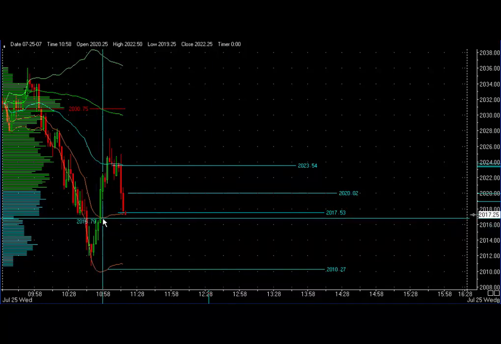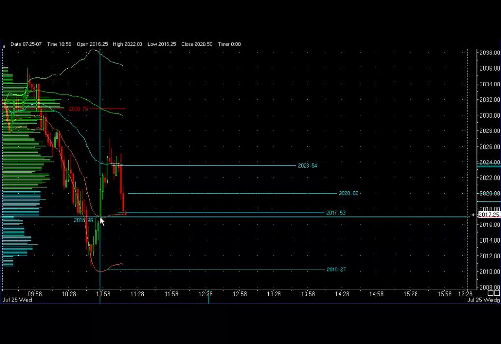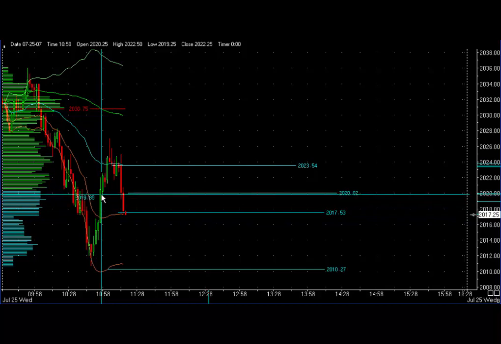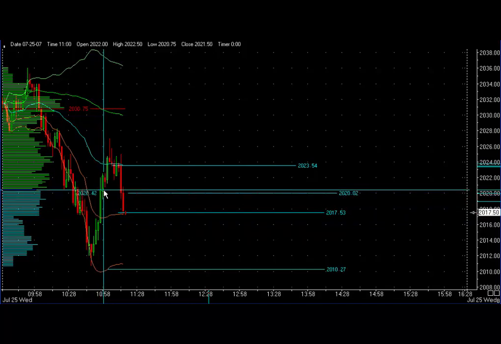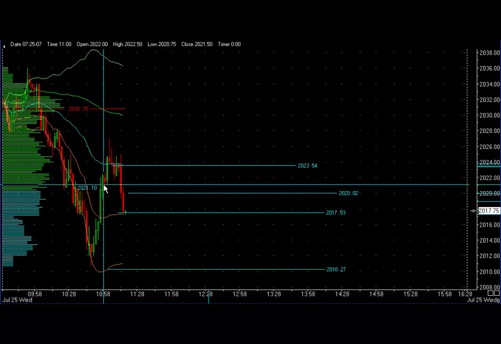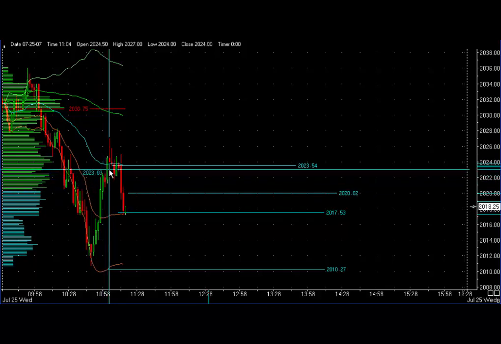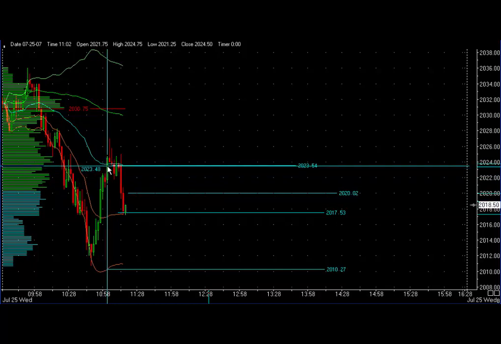To summarize, he took an entry initially here. At this point, on the first standard deviation, the trade looks like it was going to be a loser, and any new trader or inexperienced trader would have probably dumped this trade long before it got up to the VWAP.